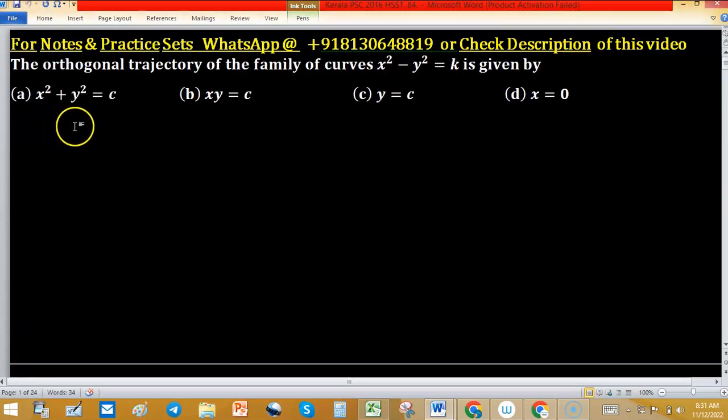The orthogonal trajectory of the family of curves x square minus y square equals k, we can easily find out.